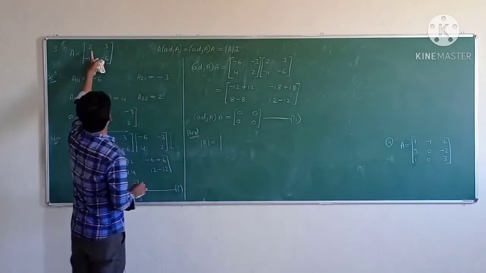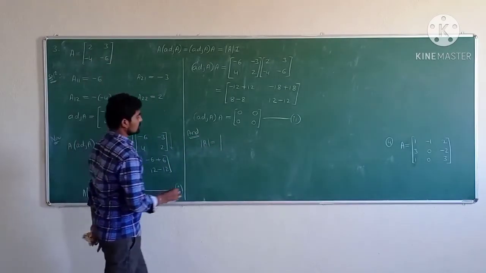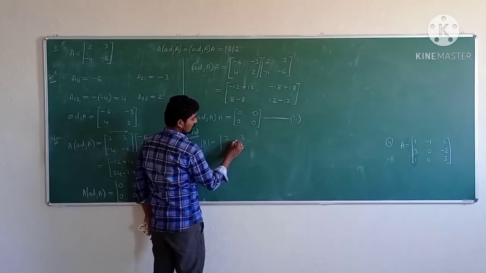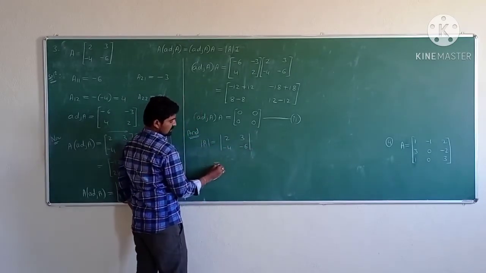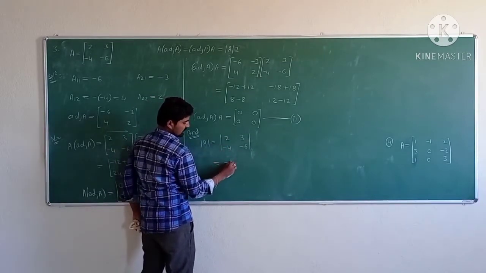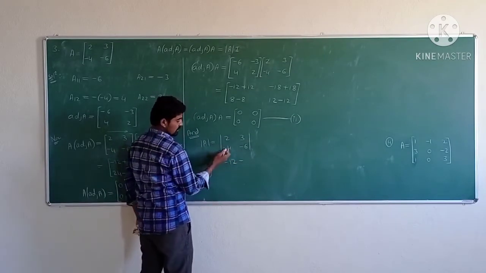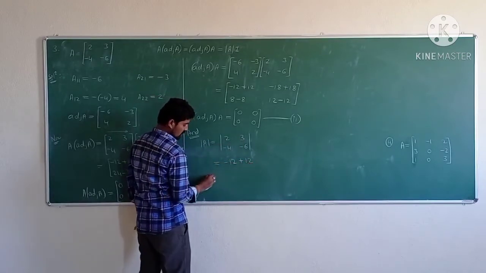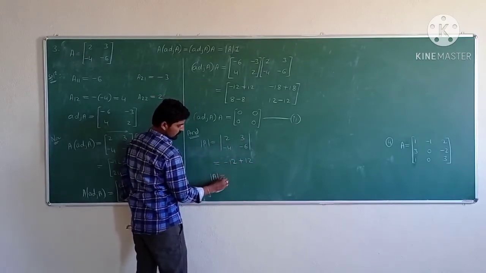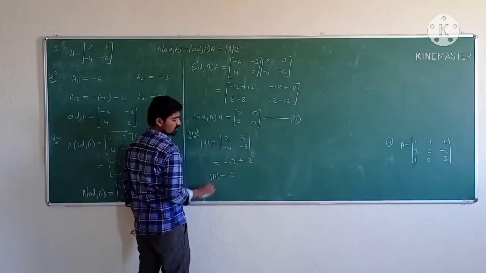Determinant of [2 3; -4 -6] is equal to 2 into -6 minus (-4) into 3, which is -12 plus 12. So determinant of A is equal to -12 + 12 = 0.